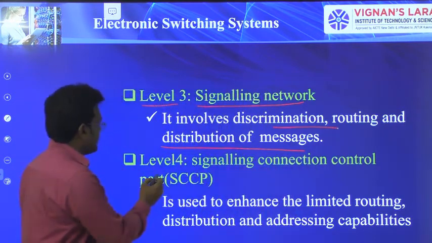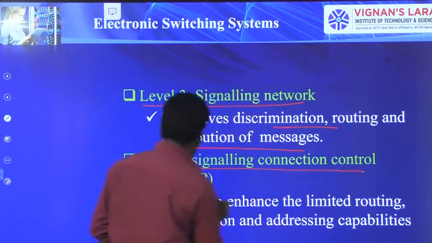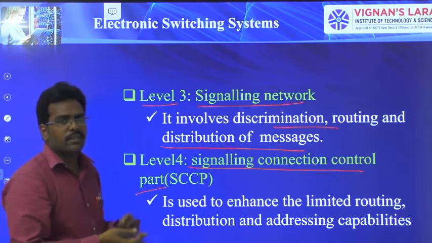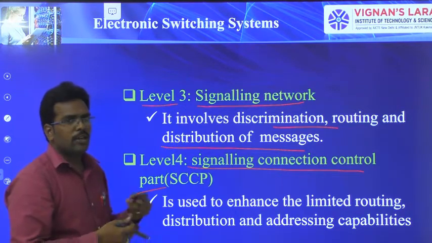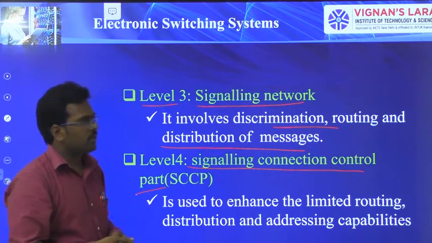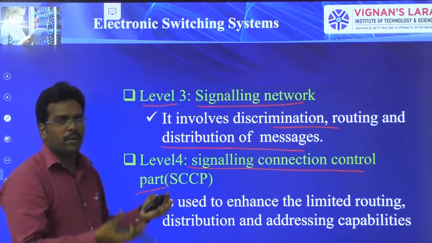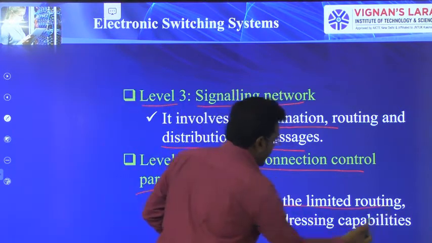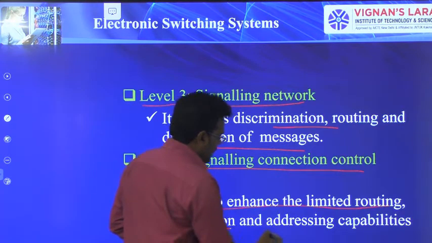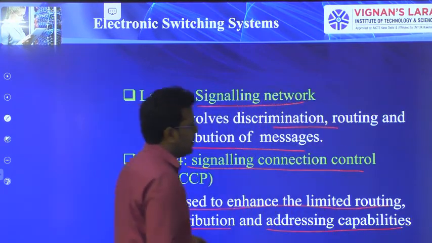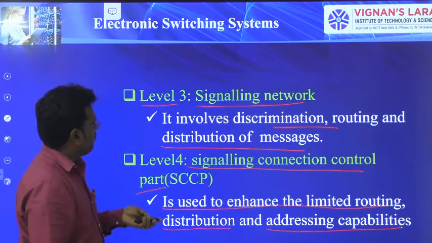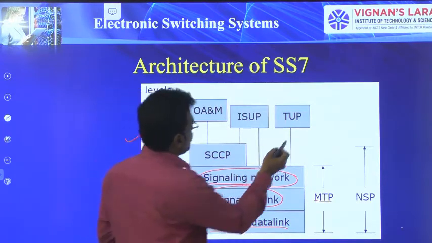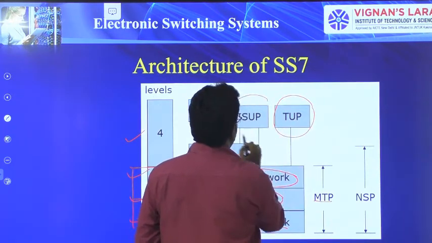Level 4 is the signaling connection control part, SCCP. This is mainly used to provide enhanced services of routing, distribution and addressing capabilities. With the help of this, you can provide a larger number of enhanced services. Along with these 4, we have a few more blocks in the diagram, that is TUP and ISUP.